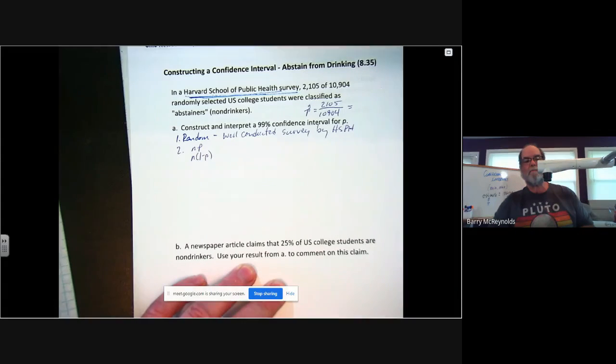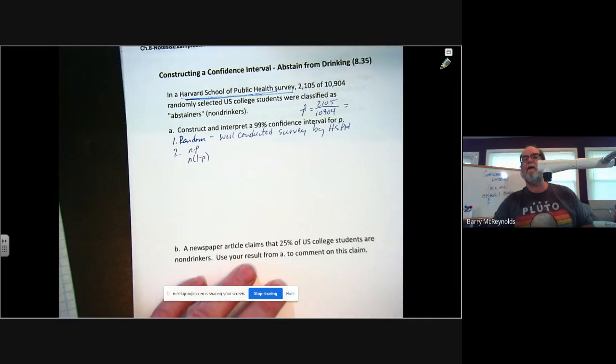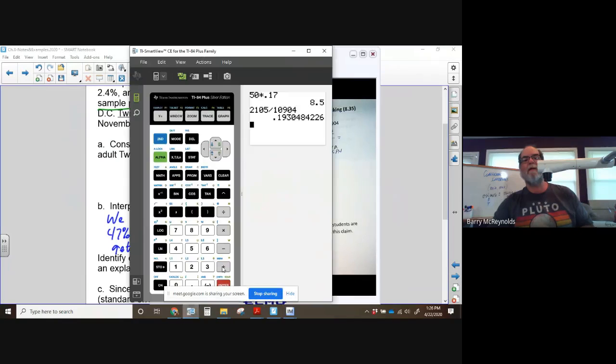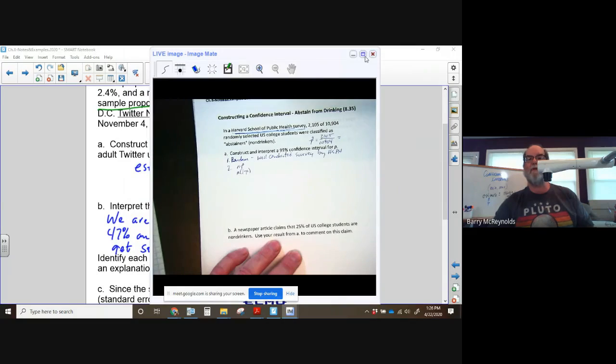Let's do that calculation real quick. 2105 divided by 10,904 is 0.193. So that's the value we're going to use here.